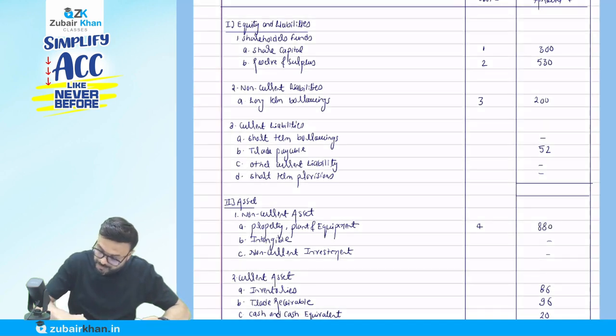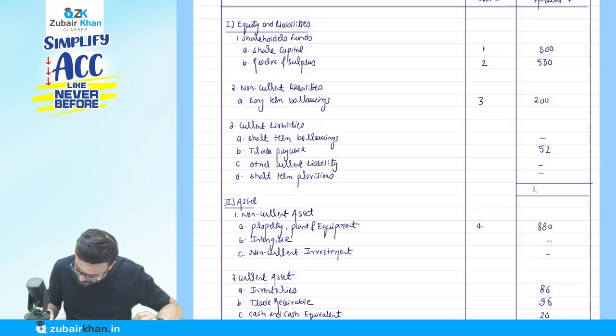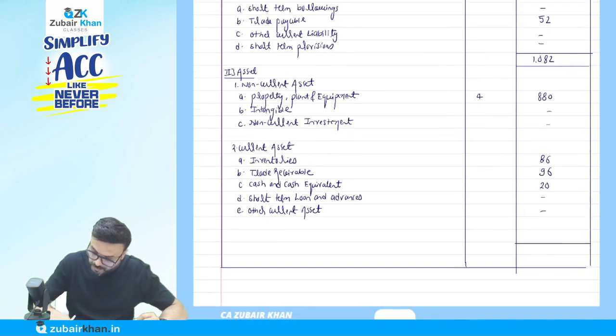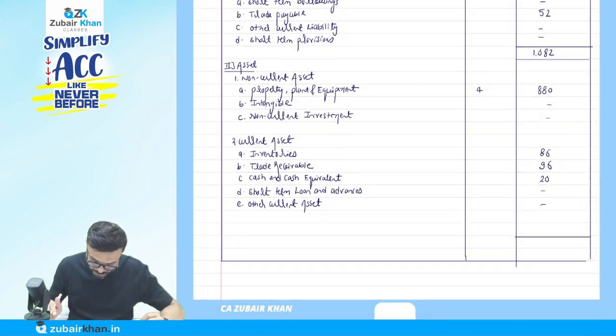Now do the total here: 300 plus 530 plus 200 plus 52 comes to 1082. And 880 plus 86 plus 96 plus 20 is 1082.